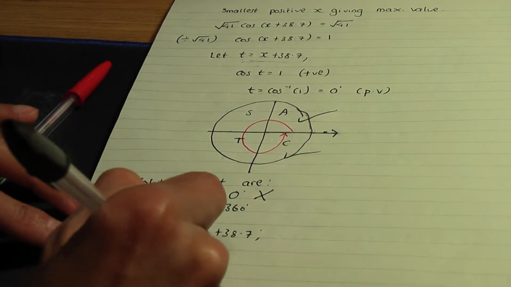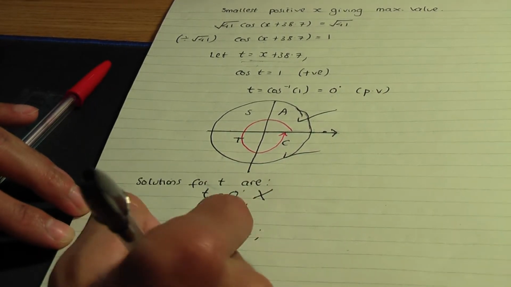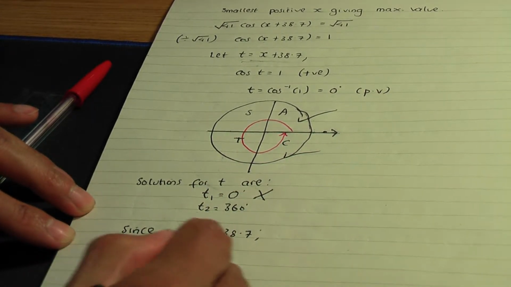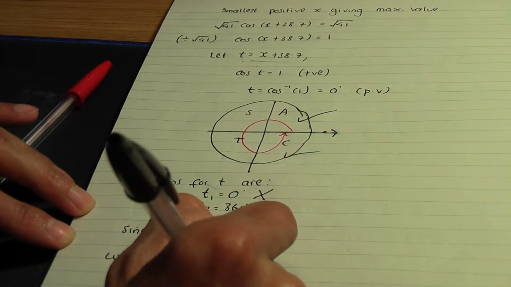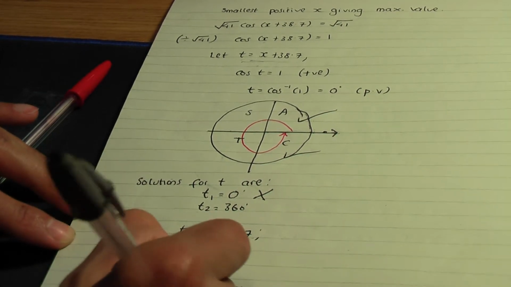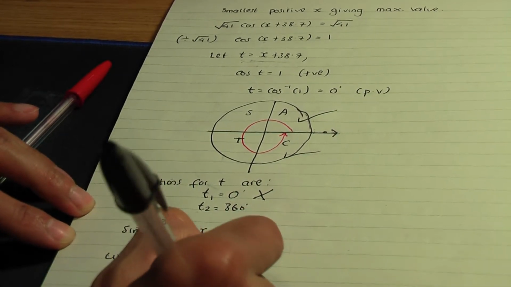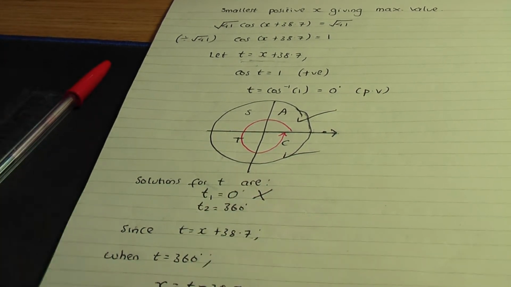When t is 360 degrees, and I rearrange this, x is going to be t minus 38.7. So in this case, we're using 360 minus 38.7.